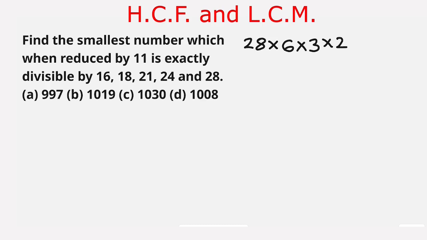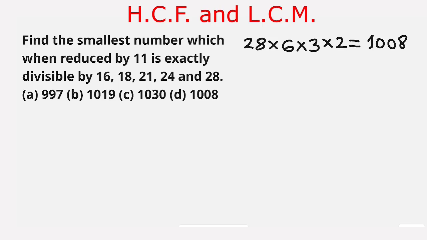Now this is our LCM. 28 multiplied by 6 is 168. 168 multiplied by 3 is 504 and 504 multiplied by 2 is 1008. This is that least number which is exactly divisible by 16, 18, 21, 24 and 28.